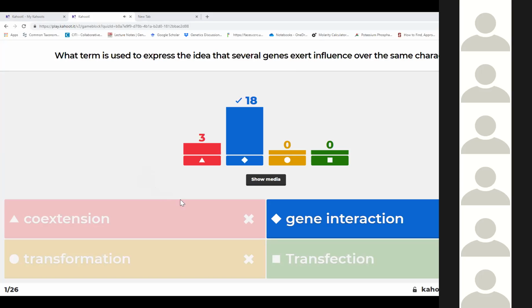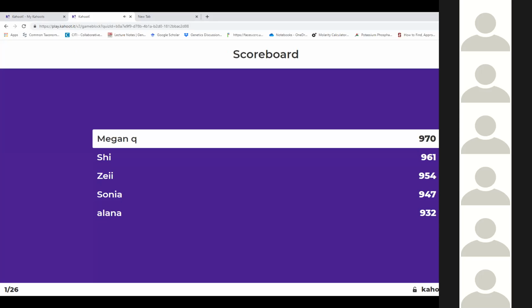Okay. So yes, gene interaction is correct. I don't even know where I pulled coextension from. So this is the definition, guys. So makes sense, right? Yes. Okay.